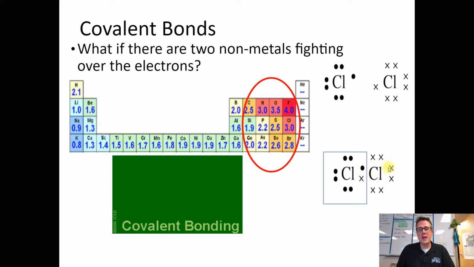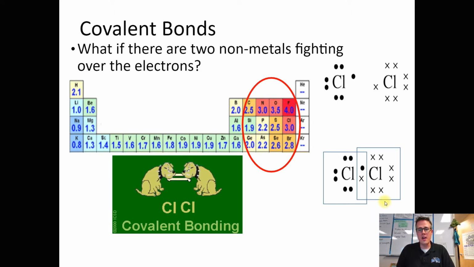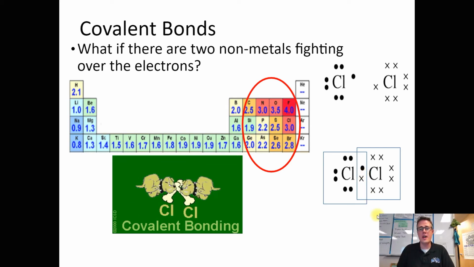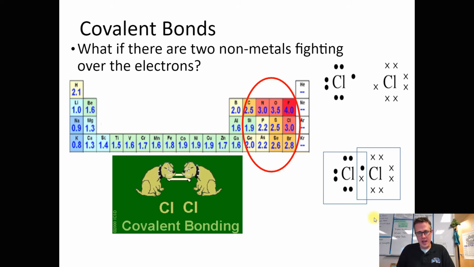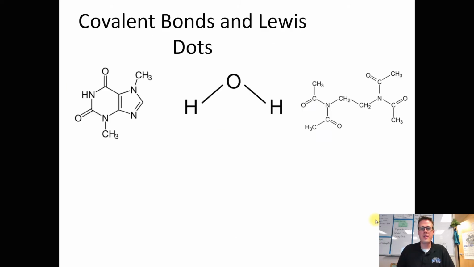And then what ends up happening is that each atom now has 8. So you can count this one. Counting the one that it's in a tug of war with, it has 8. And same with the one on the right. By overlapping their valence electrons and sharing those two electrons, as opposed to just stealing like they were in the ionic one, this is another way for atoms to get what they want, those 8 valence electrons.